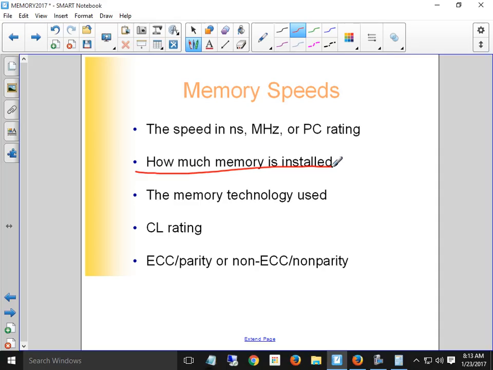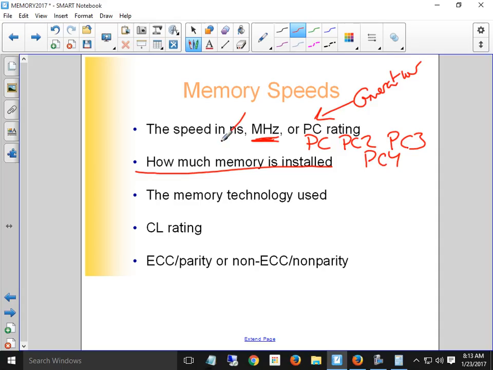It says PC rating, but you can take that as generation: PC, PC2, and now PC3 and PC4. The generation of the RAM will obviously affect it, and faster generations go with faster megahertz. We don't really talk about it in nanoseconds anymore, but that's the calculation we just did.